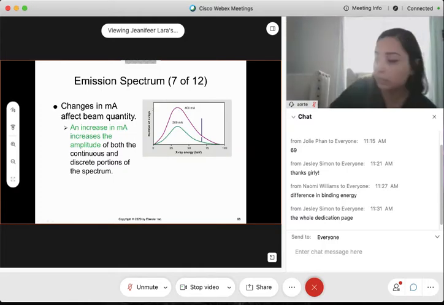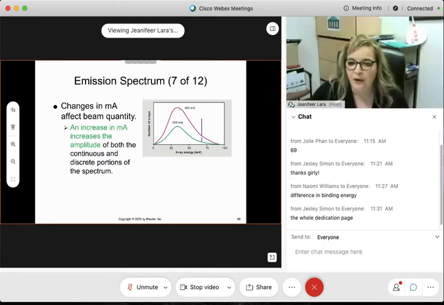So if there was a number right here, we would know how many. So an increase in mA increases the amplitude, or the quantity, or the number of x-rays. If we went from 200 mA to 400 mA, look how we doubled our amplitude, right?